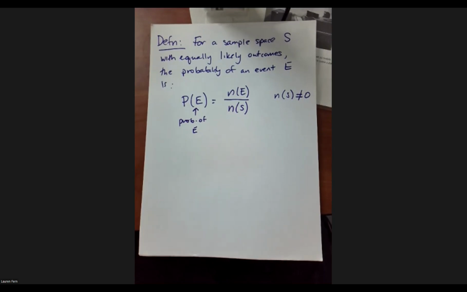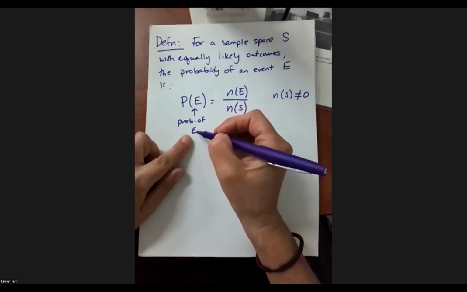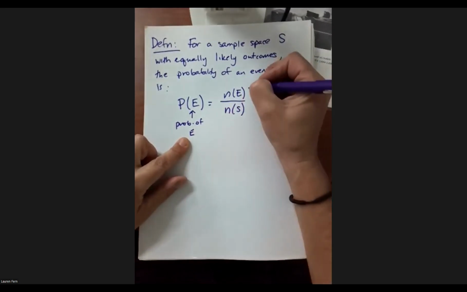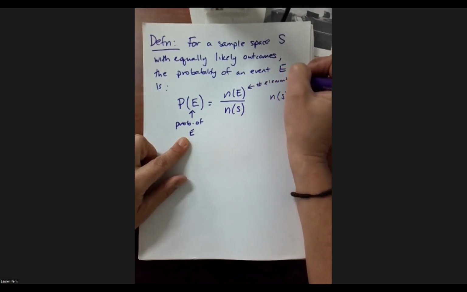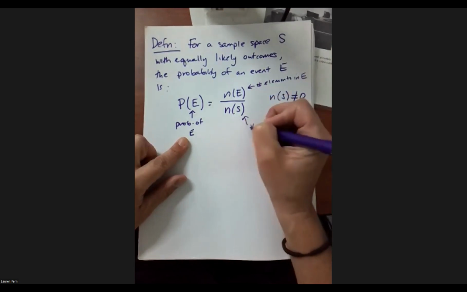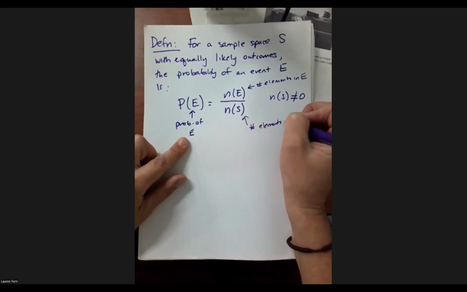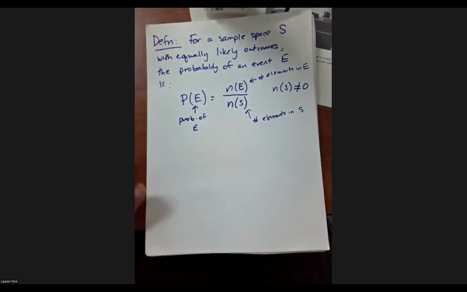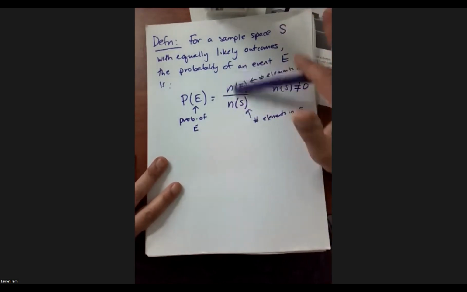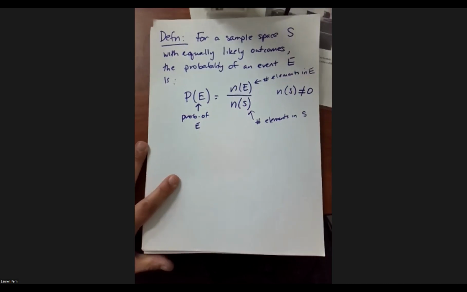So can you repeat that? Yeah, the probability of event E is the number of elements in E divided by the number of elements in the sample space. We talked about this notation, I think, in section 1.2 or lesson 2, I mean.